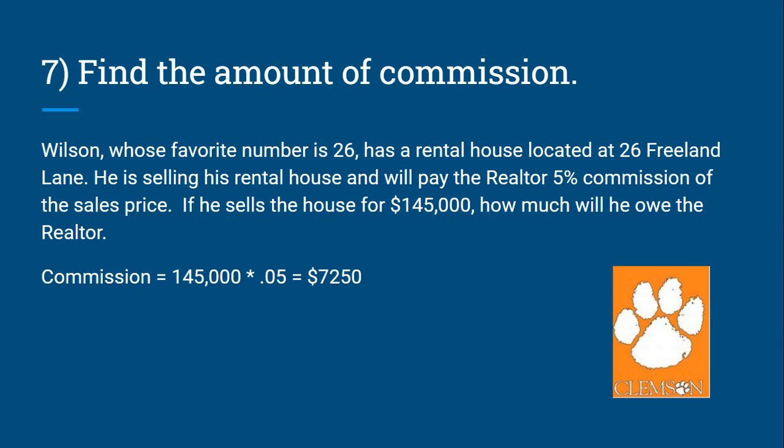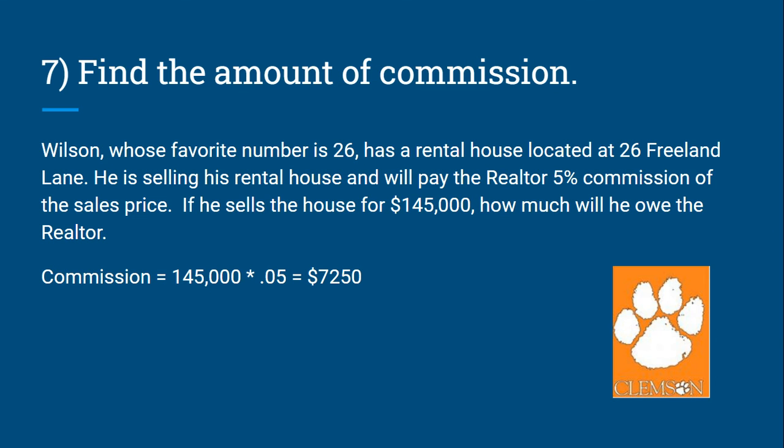So the realtor goes out, and the realtor was able to sell the house for $145,000. So how much will Wilson have to pay to the realtor based on the commission? Well, this is pretty easy. You're going to take 145,000 and multiply it by 0.05 and you get $7,250.